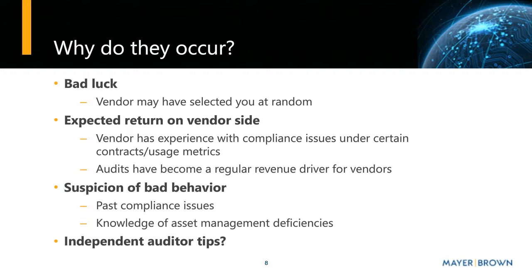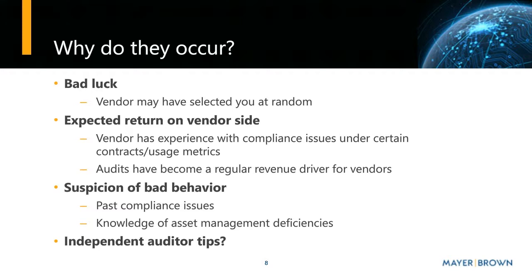And then another part of the reasons why audits occur is that the software vendor might suspect certain bad behavior with certain clients. If a client has had compliance issues in the past, they will make use of this knowledge and, of course, go for a second round of audits with the same company.